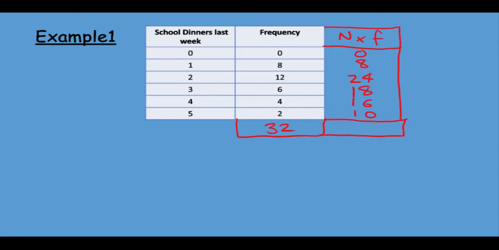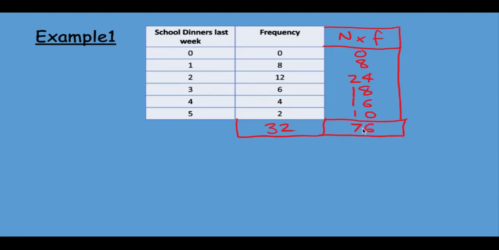So I've got 8 plus 24 plus 18 plus, oops, not 14, 16 plus 10. So we've got 76 here.